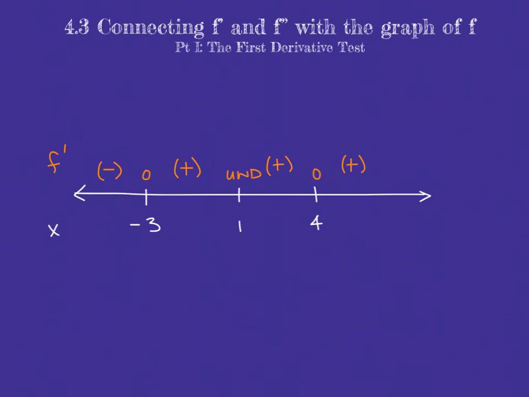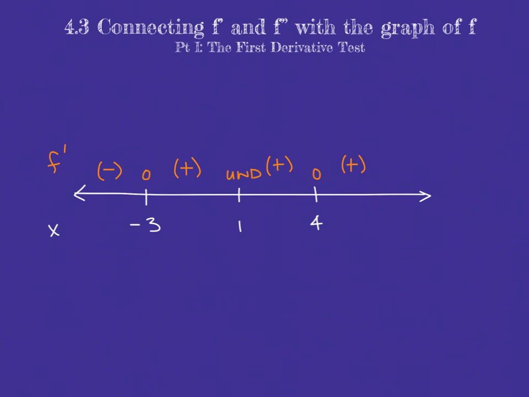Let's say we only change signs one time. Well, that means we can have only one relative extrema. That's okay. Even though x equals 1 and x equals 4 are critical points, that doesn't necessarily mean that they're relative extrema. What means that a relative extrema is occurring is when the first derivative changes sign.